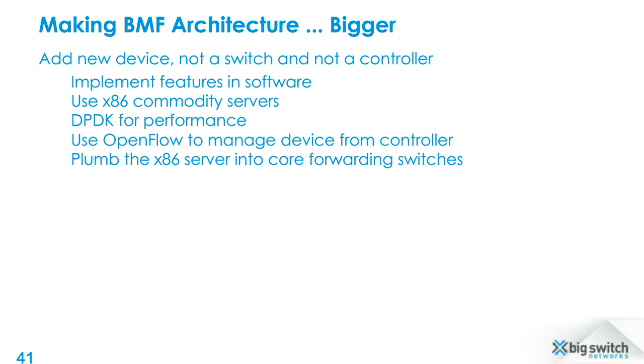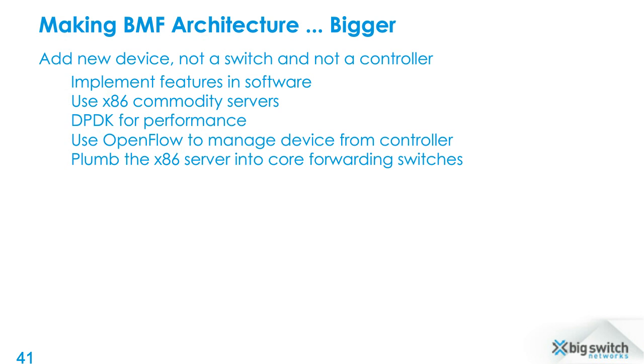Additionally, we have some other properties that we want to make sure get included in these DPDK devices that are extending the architecture. One of them is that we want to, again, use OpenFlow as we already used to talk to these devices, just as we talk to the switches, to manage them so that they're not separate entities, but part of a larger solution.